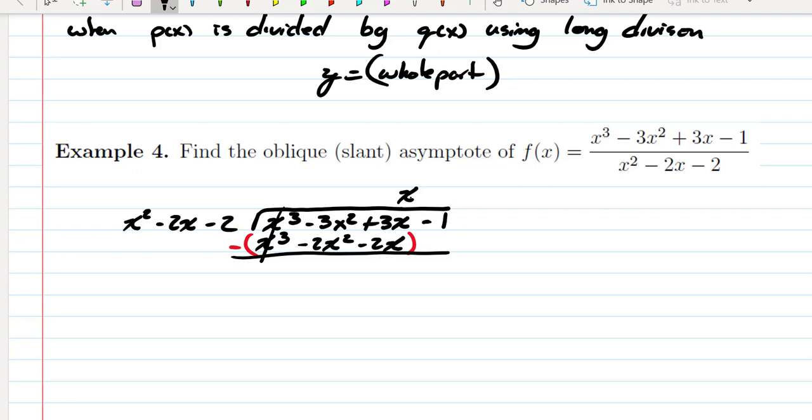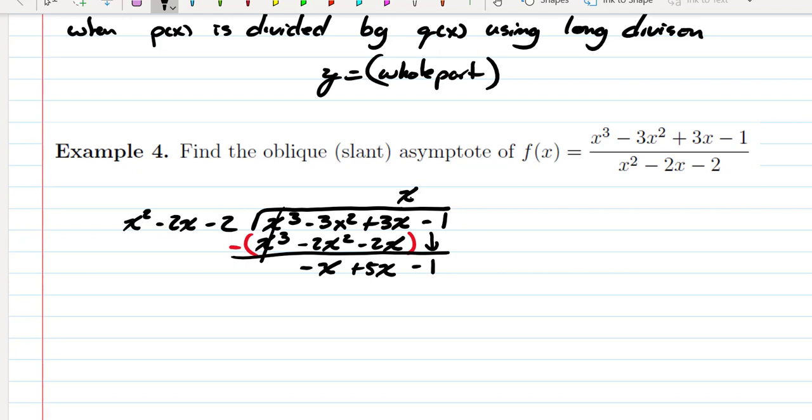And then a minus a minus gives me plus, so negative 3x plus 2x is negative x. And then I have 3x minus a minus 2x gives me 5, so plus 5x, and then I bring down my next piece, which is negative 1.